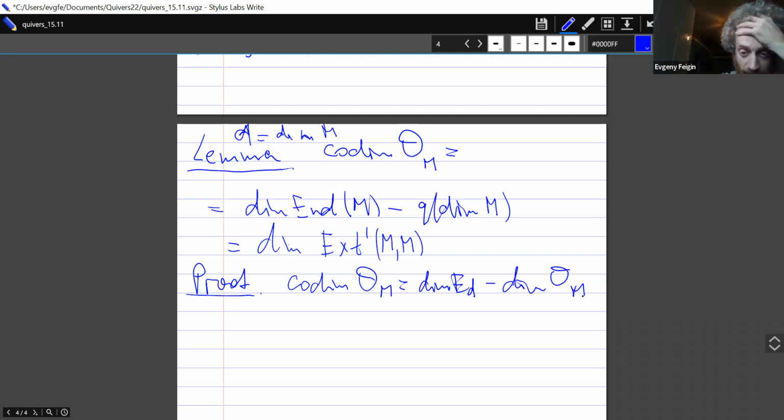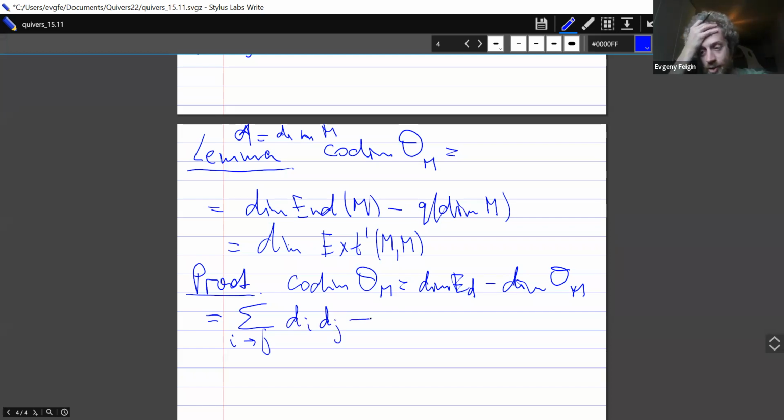And by definition, the dimension of E_d is the sum over all arrows of d_i d_j, minus the dimension of the orbit. So what is the dimension of the orbit? How can we compute it?